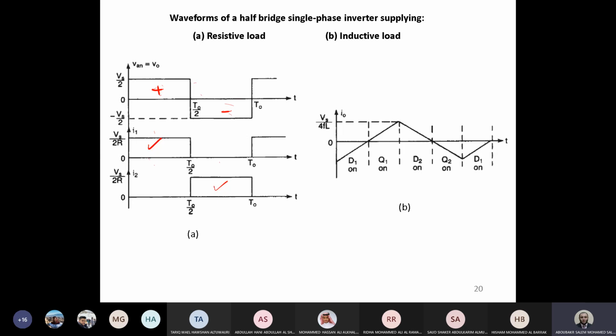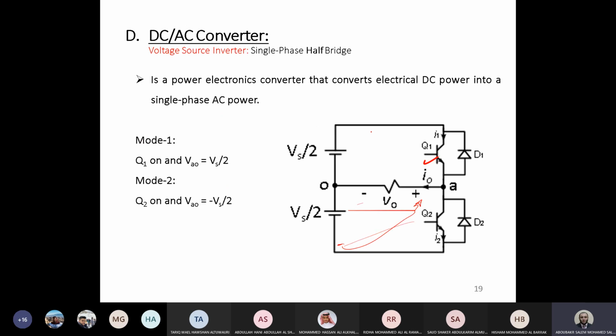to the supply. So for instance, let's discuss the positive mode where Q1 is on. Here you will find the current is positive. How can it be? Let's go to the circuit again. When Q1 is on and you have an inductive load here, during turning on of Q1, the coil will be charged.